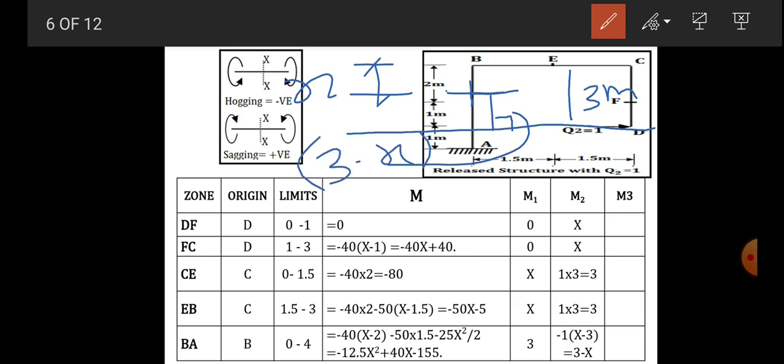The moment of Q2 about the horizontal keeps the sign anticlockwise, which is positive, and the value will be 1 into 3 minus x. So you see the value remains as it is. If you draw it above or below, that doesn't matter.